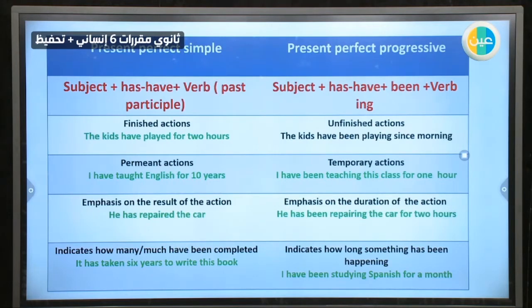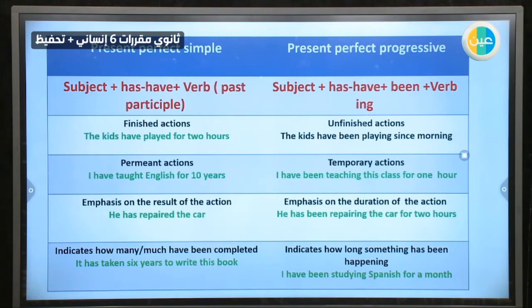When you want to emphasize the duration of the action, not the result, how long it takes, you will use the present perfect progressive. He has been repairing the car for 2 hours. How long? 2 hours. So you will use the present perfect progressive.